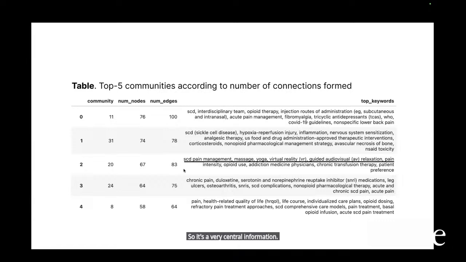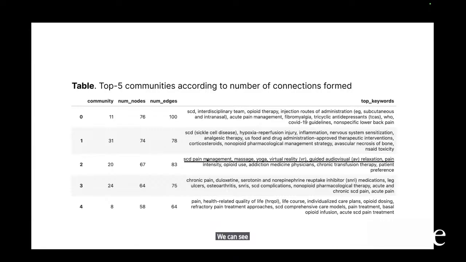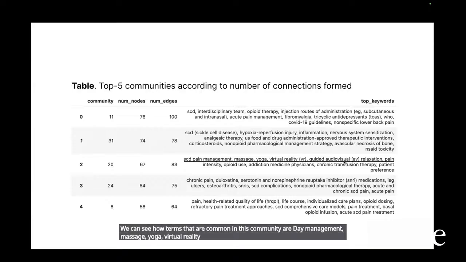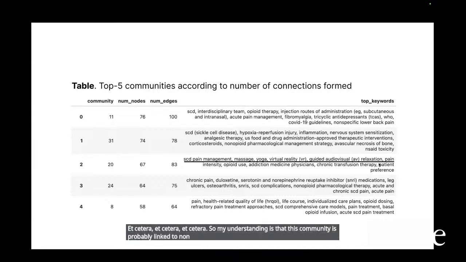If we look here at this third community, the third line, we can see how terms that are common in this community are pain management, massage, yoga, virtual reality, guided audiovisual relaxation, etc. So my understanding is that this community is probably linked to non-pharmacological options to treat sickle cell disease pain, right?